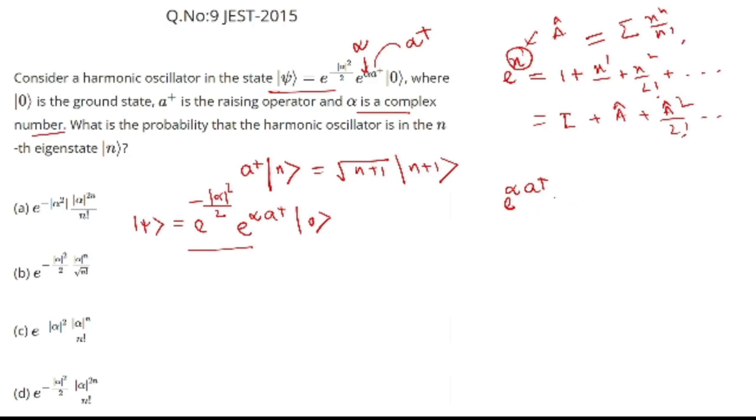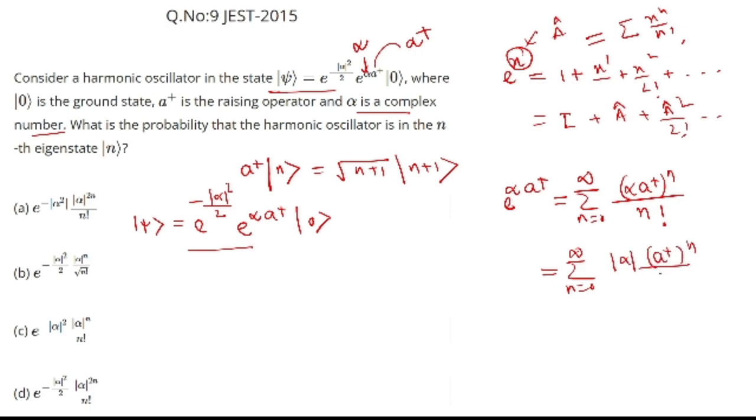So we can write this term similarly: summation n equals 0 to infinity, alpha A dagger to the power n divided by n factorial. Now since alpha is a constant with complex identity, we have to always take the magnitude of alpha. So it gives nothing but summation n equals 0 to infinity, mod of alpha, then A dagger to the power n divided by n factorial.